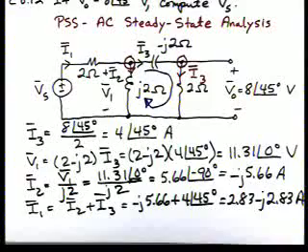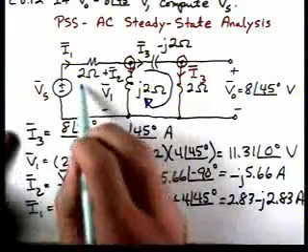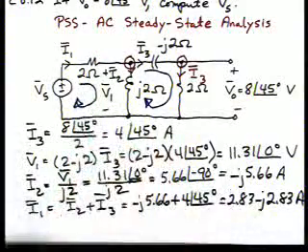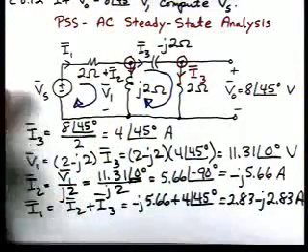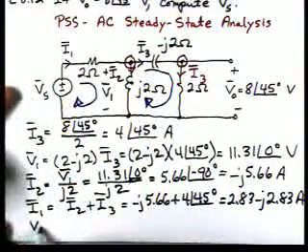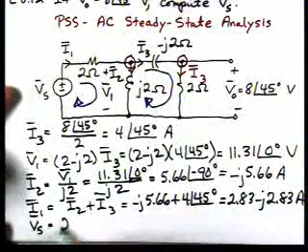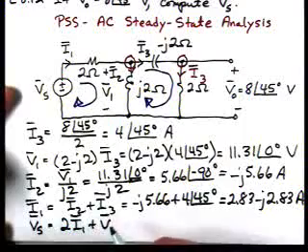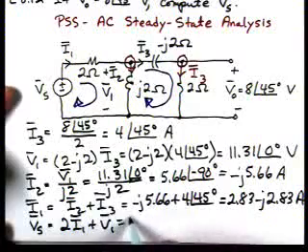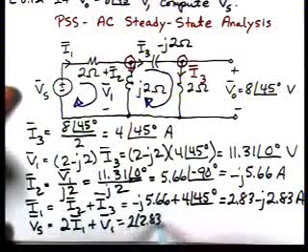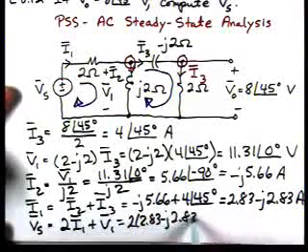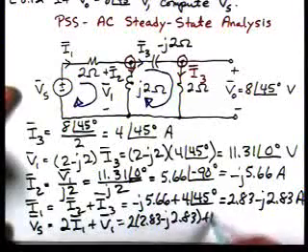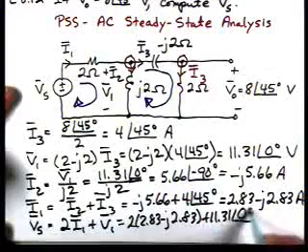Now we can apply Kirchhoff's voltage law around this loop to come up with an expression for Vs. So Vs is 2 I1 plus V1, and we have 2 times (2.83 minus J 2.83) plus 11.31 at an angle of 0.